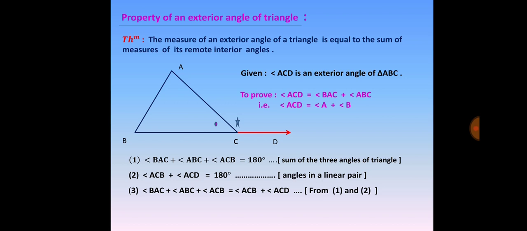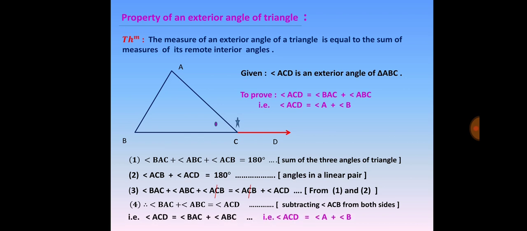So we now subtract angle ACB from both sides, that is, angle ACB and angle ACB cancel. So we get the next step: therefore angle BAC plus angle ABC is equal to angle ACD. Reason: subtracting angle ACB from both sides in the above step.